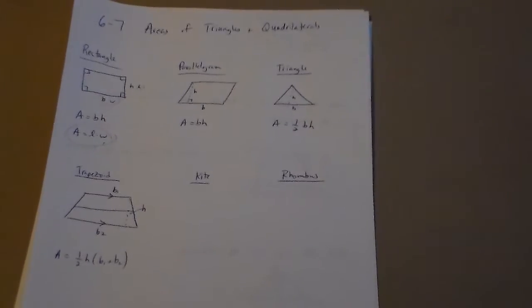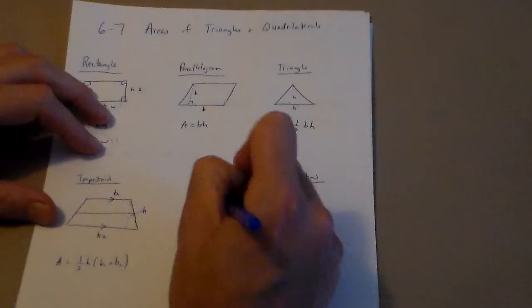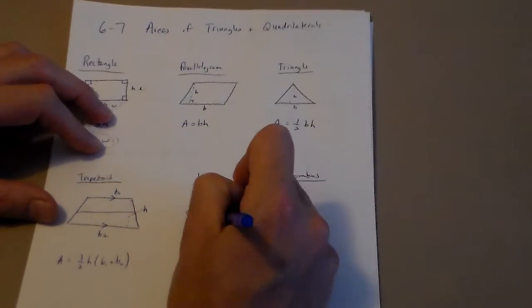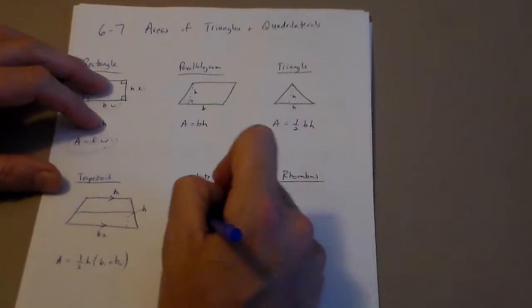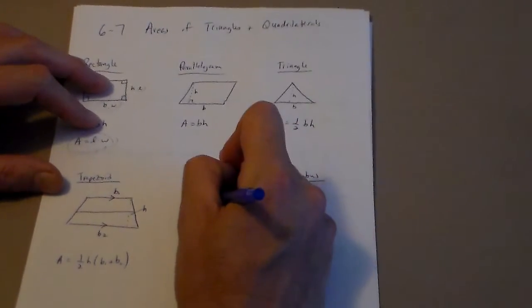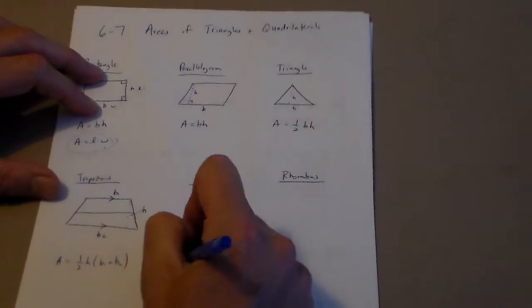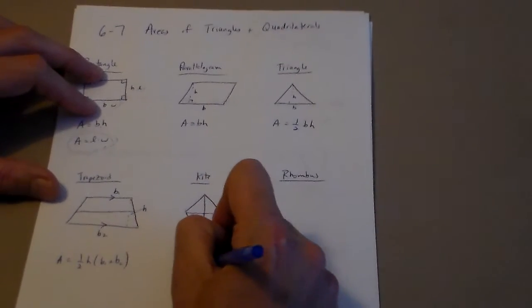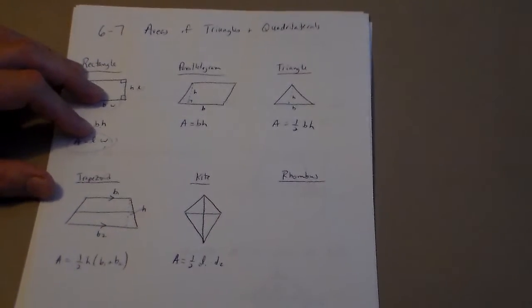Okay? Then we have a kite. It's an oldie. So here's some Cinderella, I think. Okay, with a kite, your formula is A equals 1/2 D1 times D2, where those are your diagonals.